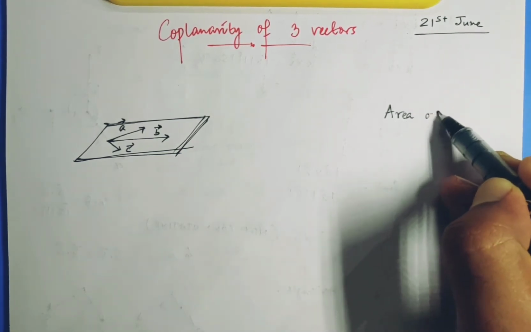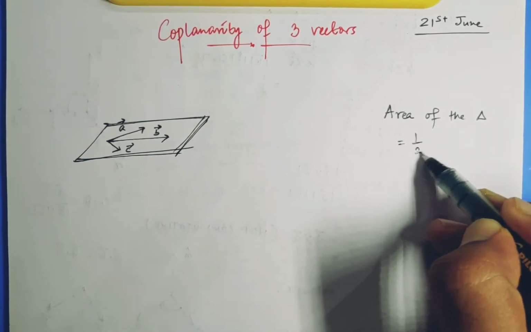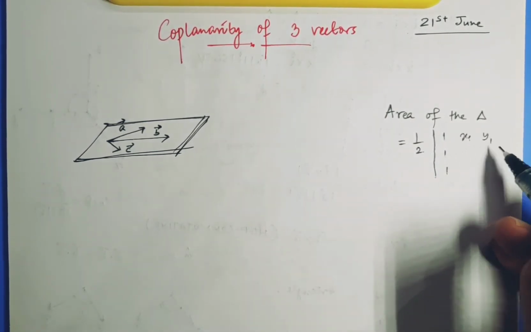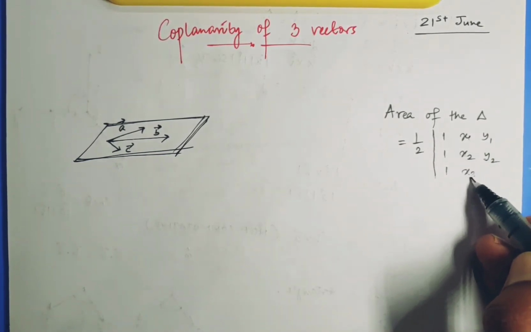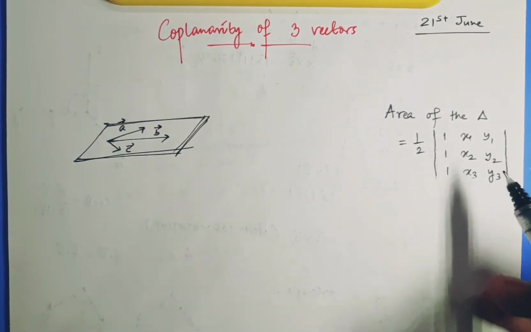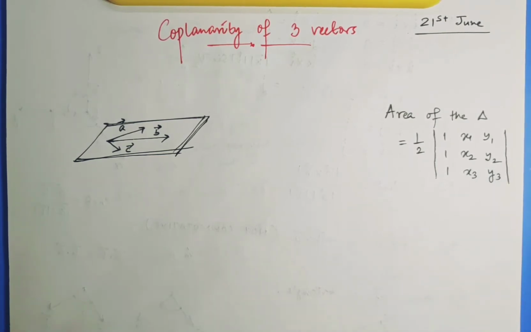So area of the triangle, what was the formula? Is equal to half, the determinant with rows 1, x1, y1; 1, x2, y2; 1, x3, y3, right? This was the formula where (x1, y1), (x2, y2) and (x3, y3) are the 3 points.